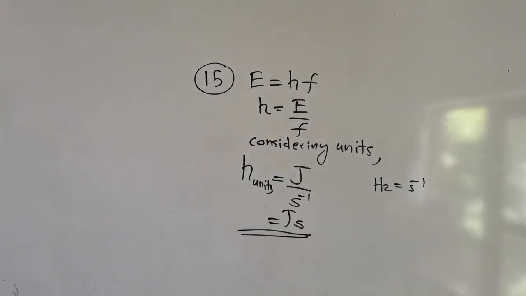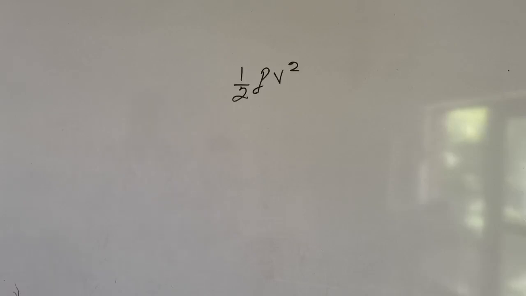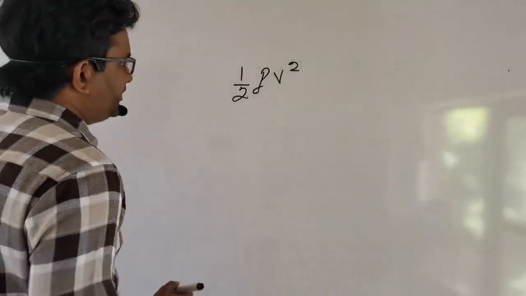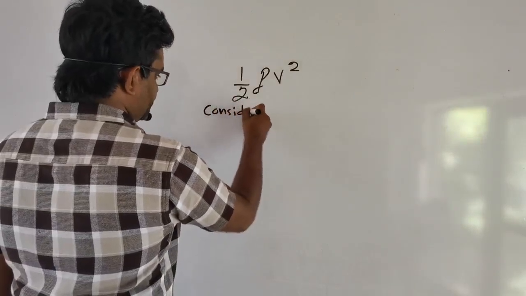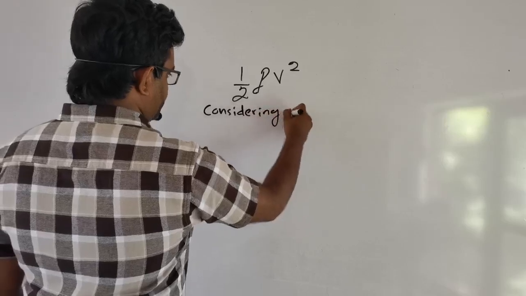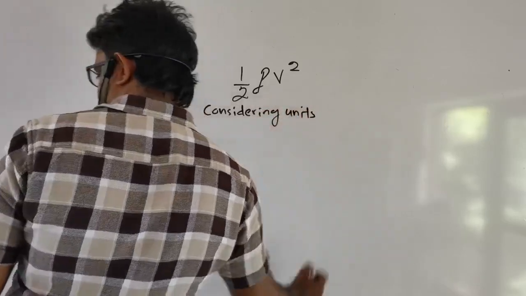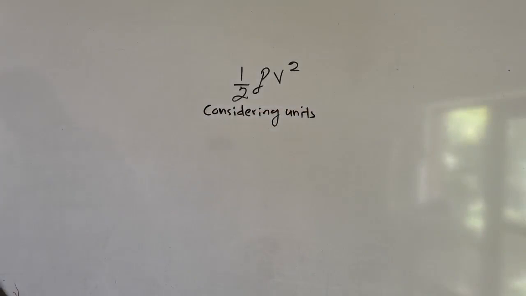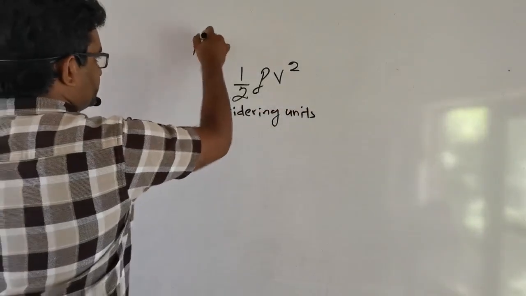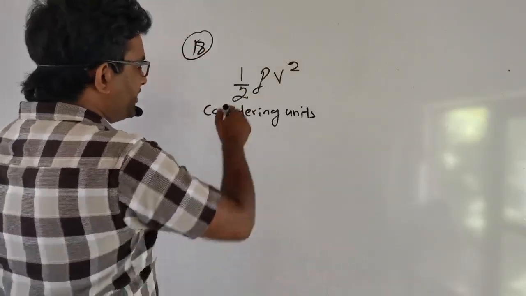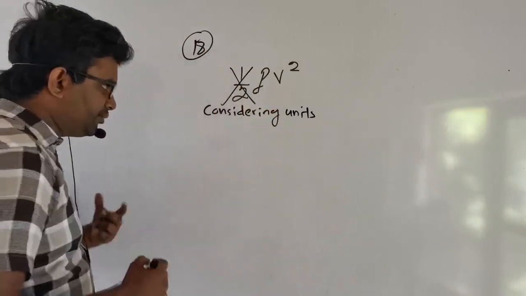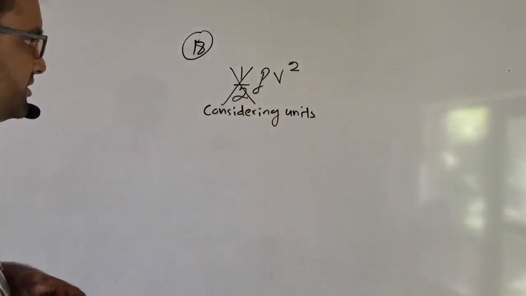Right, then we move to question number 18. We need to consider units. Half is just a numerical value, it doesn't have units.